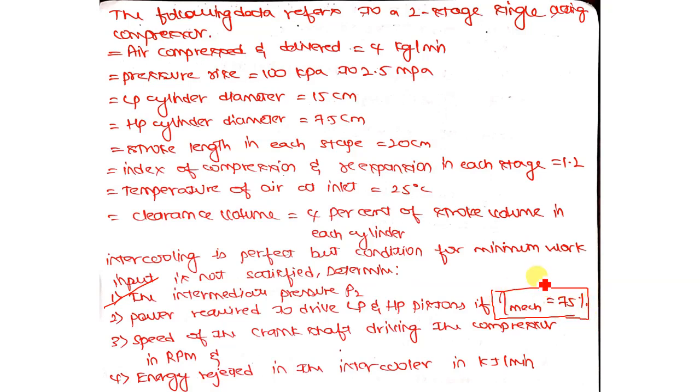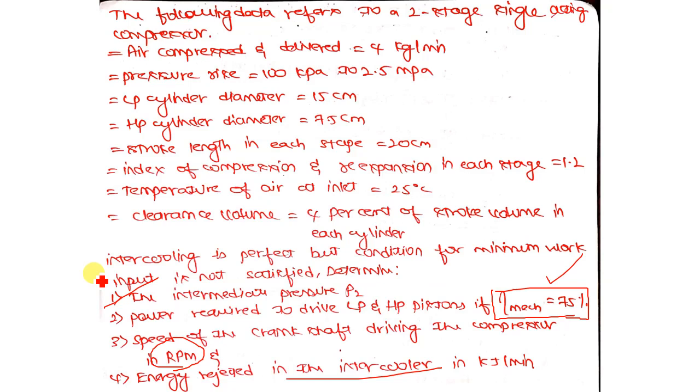You also have to calculate the speed of the crankshaft driving the compressor, that is, the RPM. Then the energy rejected in the intercooler. There is a perfect intercooling happening in this compressor. You need to calculate the energy rejected in the intercooler, in kilojoules per minute.